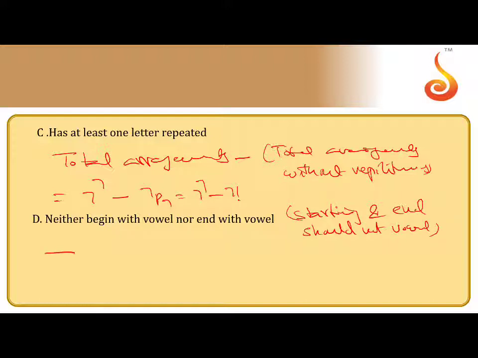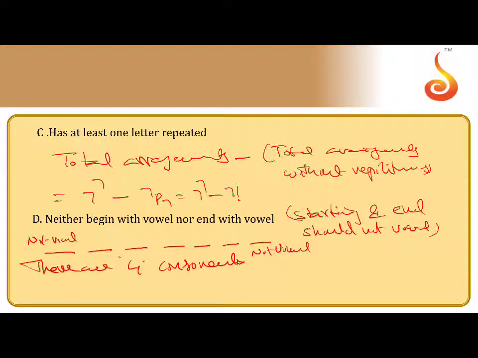That means the starting and ending positions should not be vowels. The starting is not a vowel and the ending is not a vowel. So how many non-vowel consonants are there? There are 4 consonants.